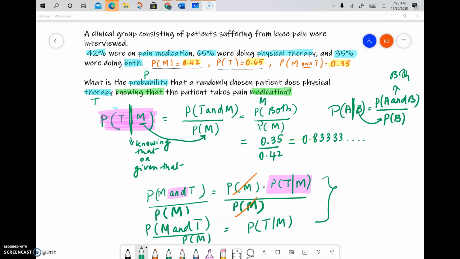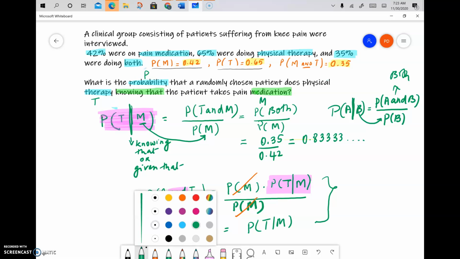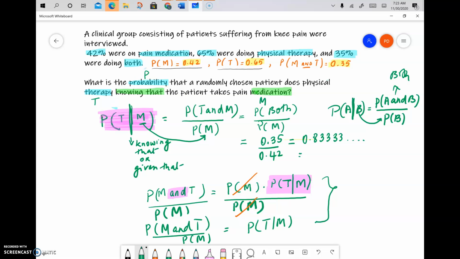And if the question says, write your final answer rounded to 2 decimal places, that would be equal to 0.83. So that's the hundredths place. This is a number below 5, so if it's less than 5, we round down and we have 0.83, which is the probability of T given M.